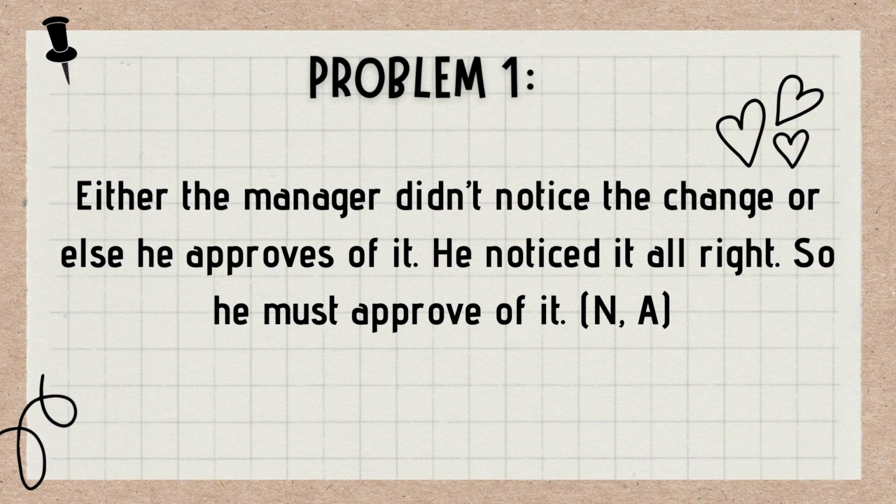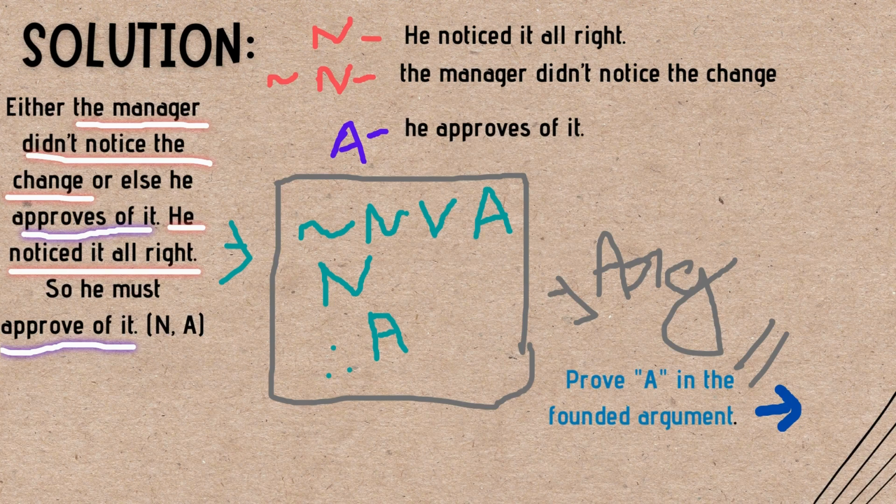This question is given in statement form, so we separate the statements and assign variables to them. Using the variables, we construct the premises and the argument. Let's see how to do it.